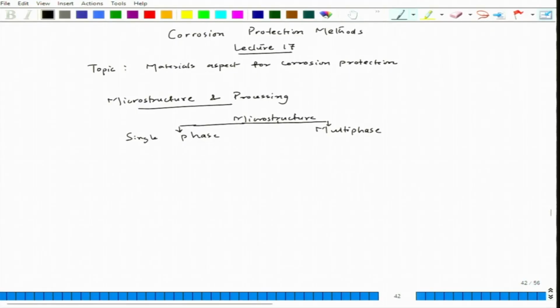Still, at a very low level of carbon we can say it is mostly ferrite grain, like IF steel, interstitial free steel, where we have very little carbon and very little nitrogen. That time we can say it is a nearly single phase microstructure, mostly ferrite grains, but there could be occasional carbide phases also. Otherwise, it may be taken as a single phase.